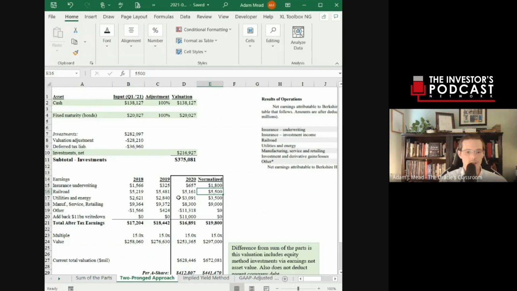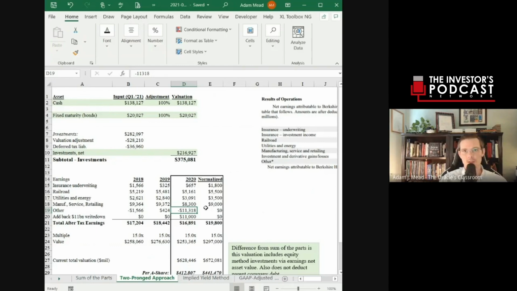Utilities and energy, I've bumped that 3.1 billion of earnings up to 3.5 billion. The MSR businesses clearly are under earning based on last year. They were hit very hard by the pandemic. And again, there may be some permanent impairment to value. So those are pretty straightforward, defensible. You may change them yourself slightly.